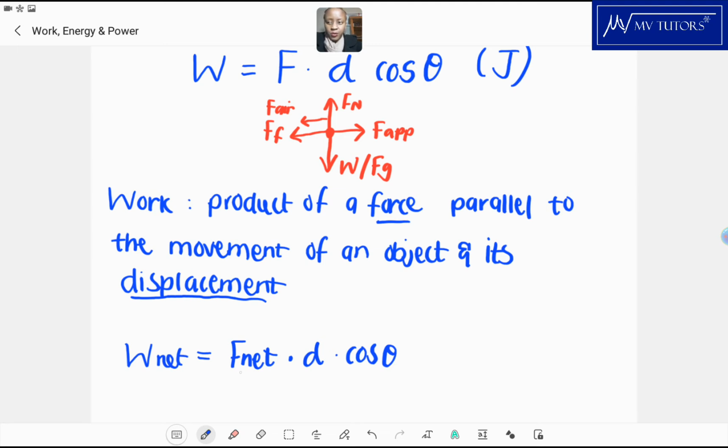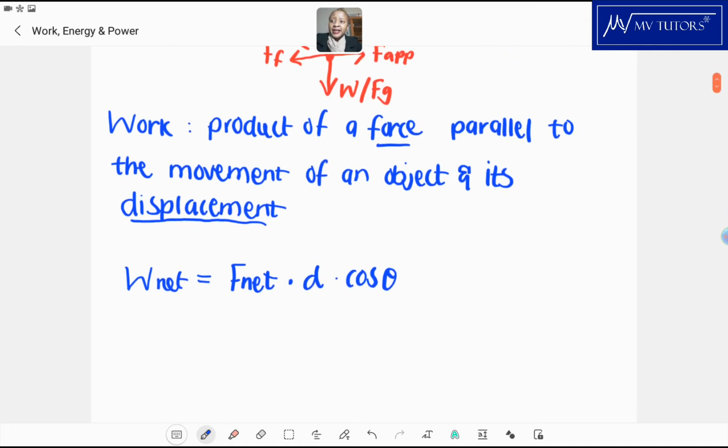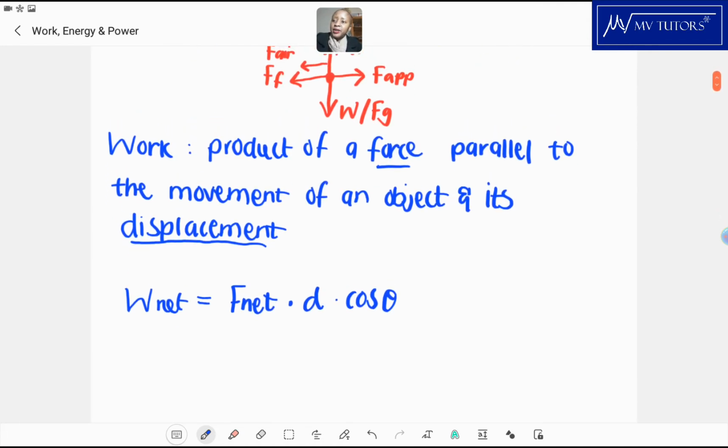This net force you get from your free body diagram. So in this case, looking at my free body diagram, I would take east as positive.